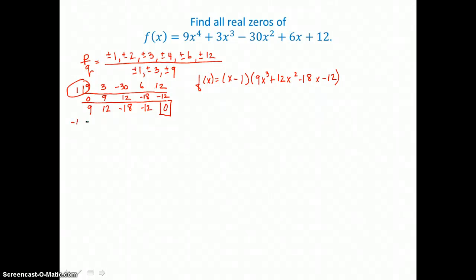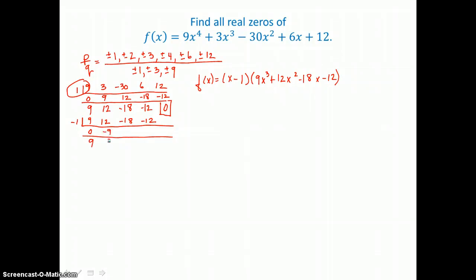So I'm going to continue in that list. I'll start with negative 1. I'll continue through the list and look at negative 1 through the coefficients that I have left now: 9, 12, negative 18, and negative 12. I'm trying to factor that cubic. Put down a 0, and I'll add. I'll multiply. Negative 1 times 9 is negative 9.